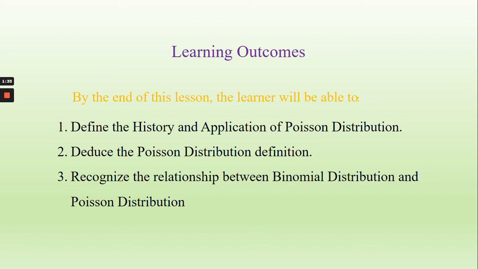Number three, you'll be able to recognize the relationship between binomial distribution and Poisson distribution, because this is one case where most students fail to know the difference. In exam questions, you'll find a question that you've been given, and there are key factors that you'll have to consider in order to use either of these distributions.